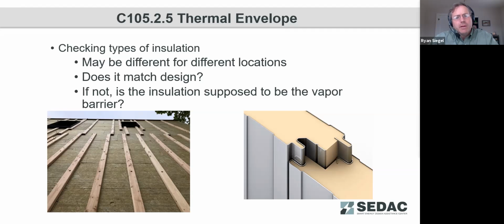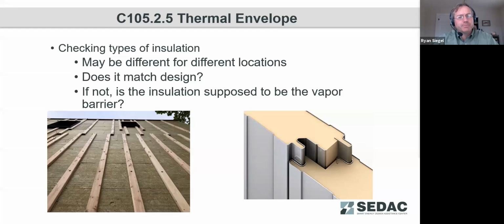So we're checking what type of insulation we have in the different locations, and again, do we match the design? That's through and through. Most all of this we're verifying is, does this actually match what was in the design, the plans that the plan reviewer inspected and verified that yes, that's acceptable.